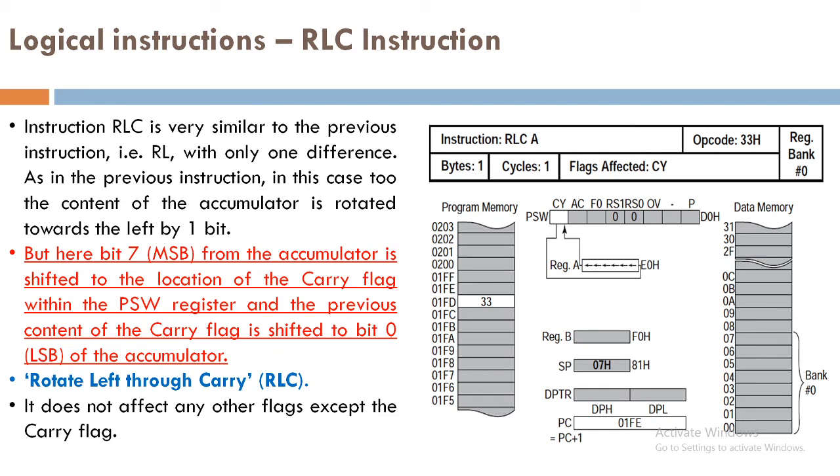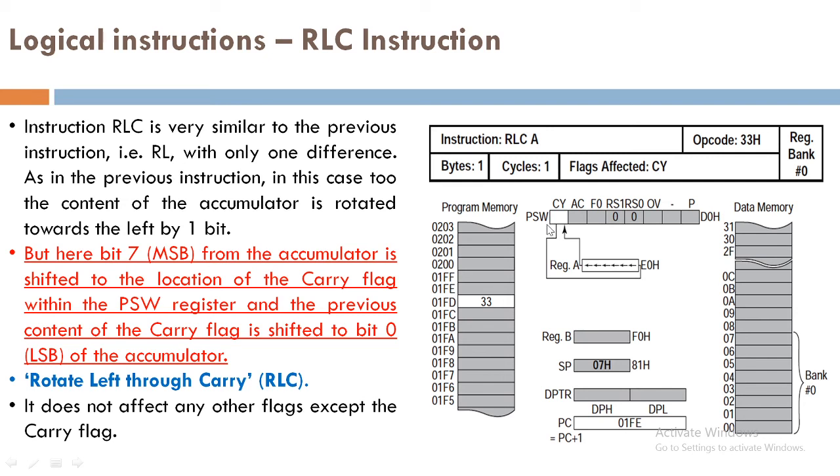If we consider this example, RLC A, which has operational code 33, the data inside the accumulator gets rotated towards the left, but it is rotated through the carry flag in the PSW.